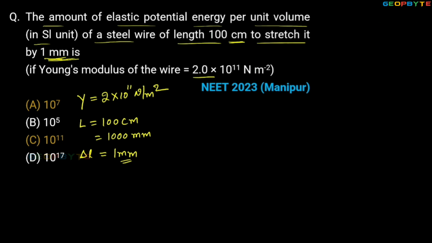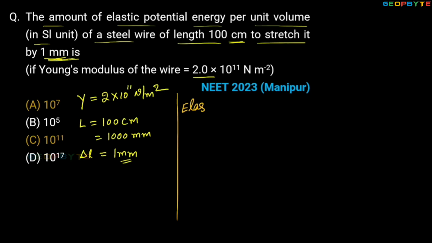Then here elastic potential energy per unit volume. Remember, elastic potential energy means strain energy. Indirectly, it is asking strain energy per unit volume. Okay. So let us write the formula for elastic potential energy.